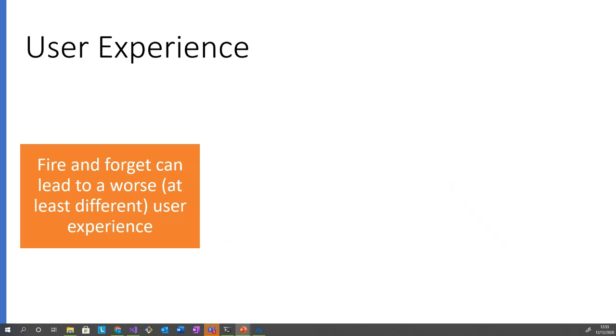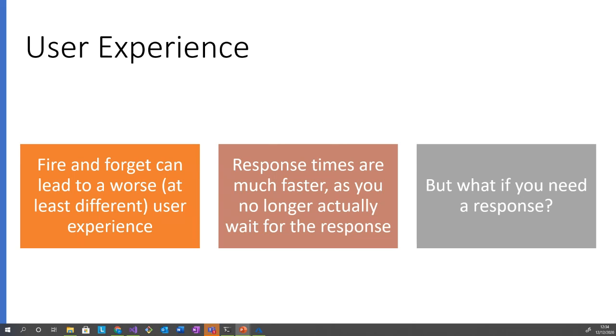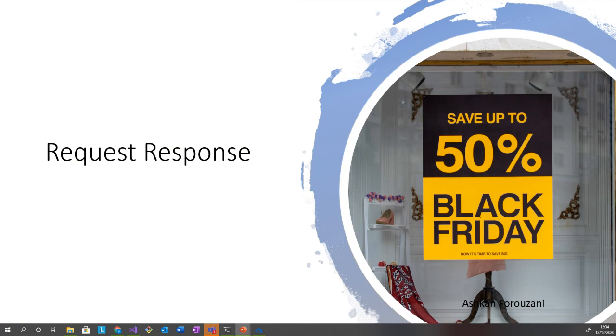All you can tell them is that you've accepted it. Response times are much faster because you're just putting a message on a queue. But there is a question as to what if you need a response.